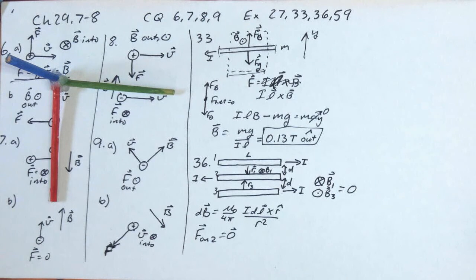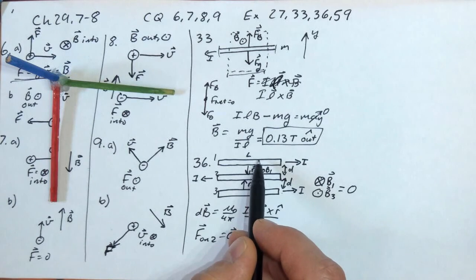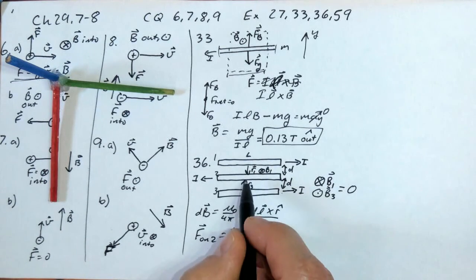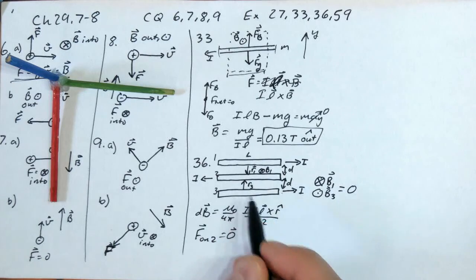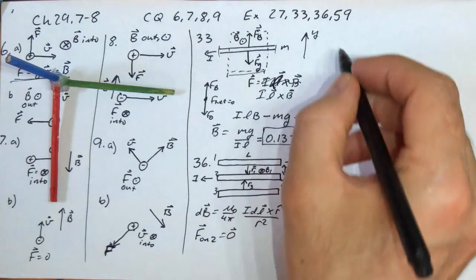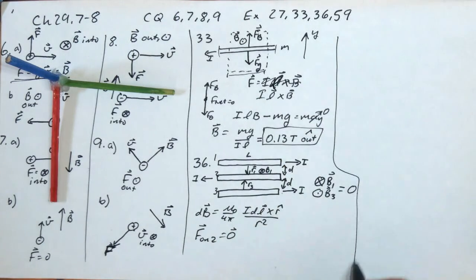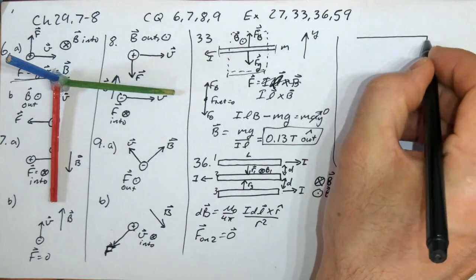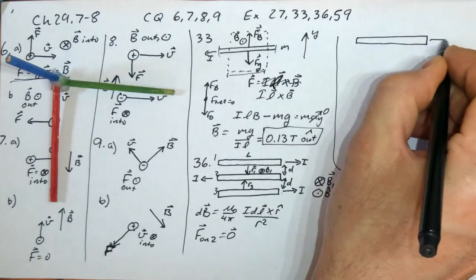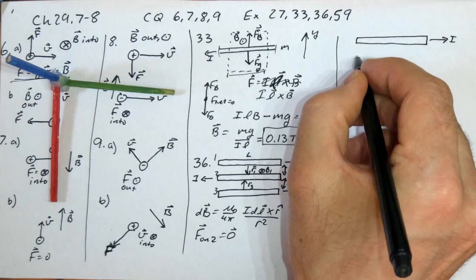So now, let's go ahead and look at the force on wire 1 by wire 2 and 3. So what's the force on this wire due to these two? Okay, let's redraw it because it's kind of messy. That current's flowing that way.